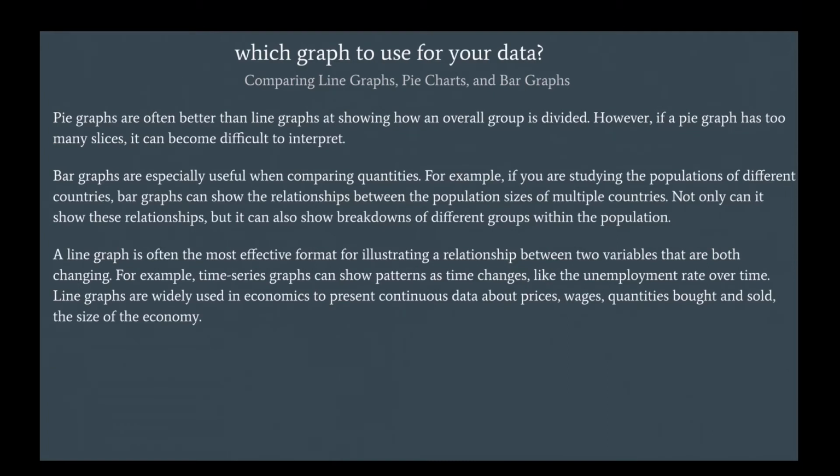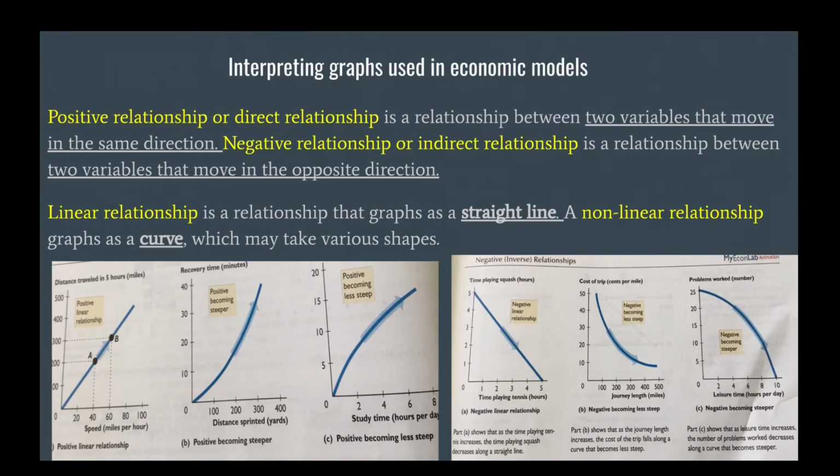For example, time series graphs can show patterns as time changes, like the unemployment rate over time. Line graphs are widely used in economics to present continuous data about prices, wages, quantities bought and sold, the size of the economy. Next comes interpreting graphs used in economic models.